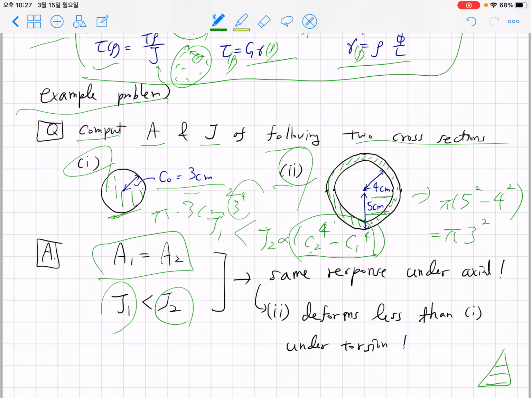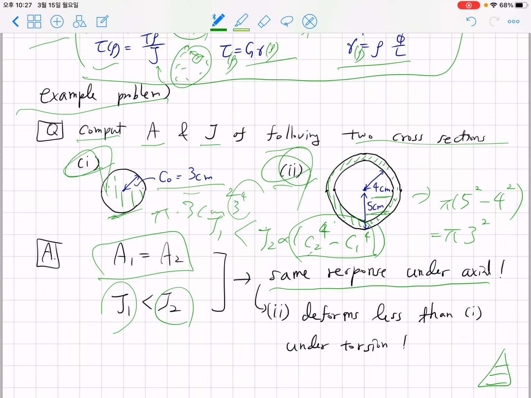The implication for these cross sections is that number 1 and number 2 are going to have the same response under axial loading. If we apply 100 Newton or 1 kilonewton to each shaft, they're going to have the same displacement delta.